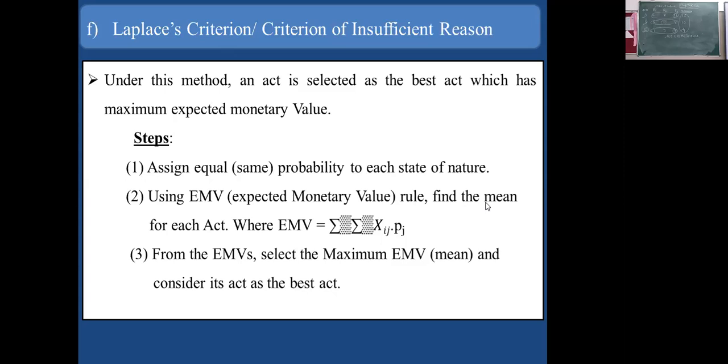So the Laplace criteria is based on one assumption: that each and every state of nature has an equal chance of happening. After assuming this, we'll use the formula double summation Xij into Pj, where X is the payoff or profit and P is the probability of that respective state of nature.